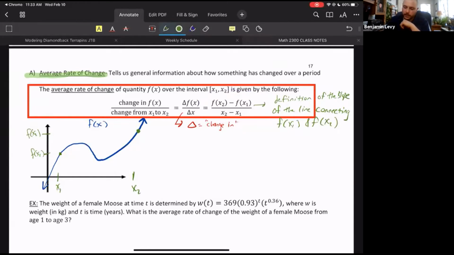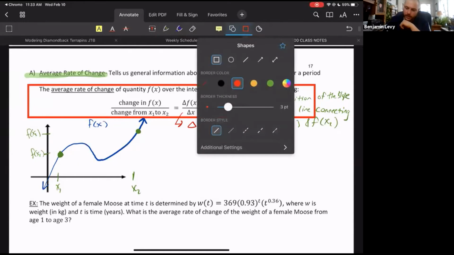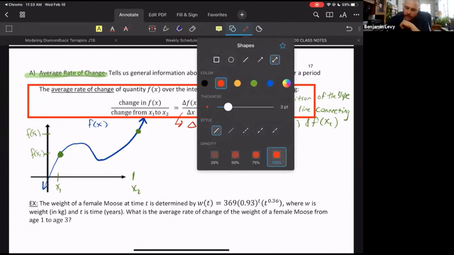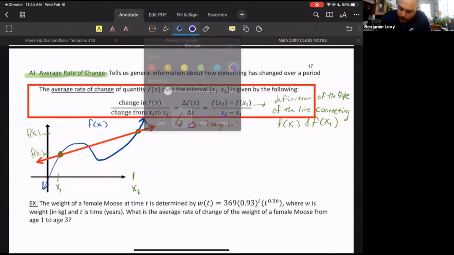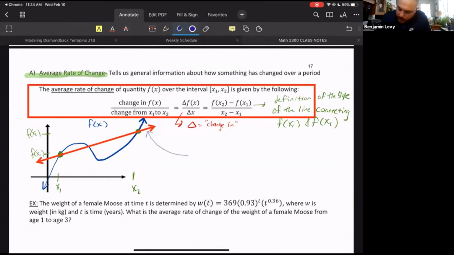Let me make those dots a little bit bigger so we don't lose them. This line is literally what we're doing. We're just calculating the slope of that line.